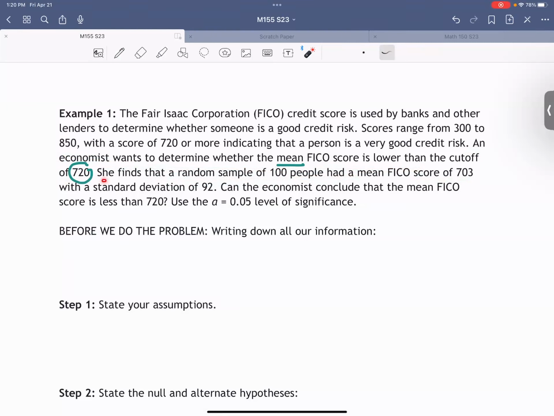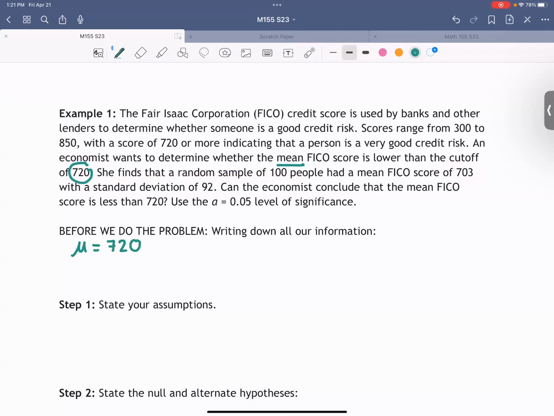And later on, it talks about the sample and it gives us that the sample mean is 703. So if we know the sample mean, then we can't have another one, right? So 720 has to be, by process of elimination, the population mean. Also, when we introduced 720, we weren't even talking about a sample. The sample wasn't even introduced in the first place. So you can't really have a sample mean if you don't have a sample yet, right? So here 720 is definitely going to be the population mean.